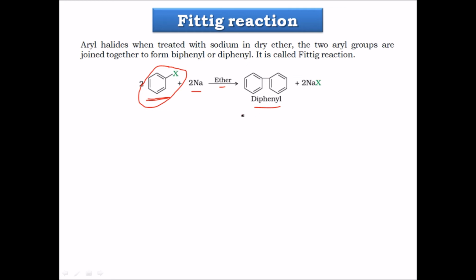The main difference between the three reactions: in the Wurtz reaction we take 2 moles of alkyl halide, in the Wurtz-Fittig reaction 1 mole of alkyl halide and 1 mole of aryl halide, and in the Fittig reaction 2 moles of aryl halide, all with sodium metal in dry ether to form the respective compounds. That's three similar reactions.